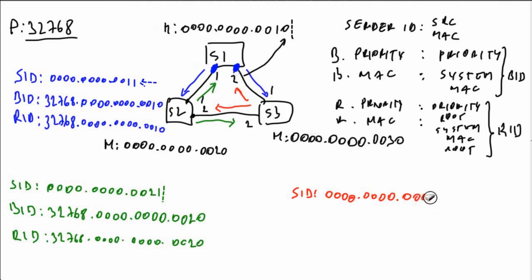well, not really all zeros. This one here needs to be number 3. So 3, 1. Then we are going to have the bridge identifier, which will be the priority, followed by our own system MAC address.